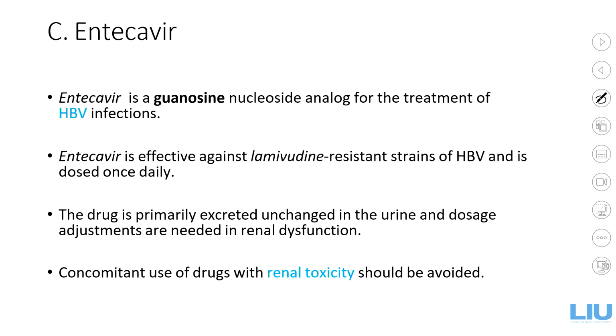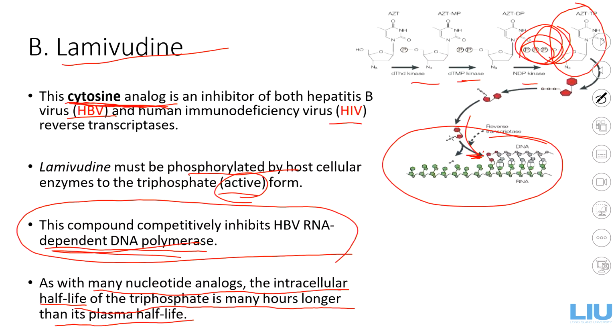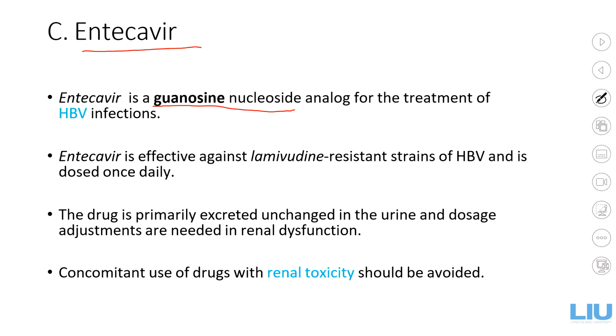All right. Next one is entecavir, which is another drug that also acts on the DNA polymerase, except it mimics guanosine instead of cytosine, okay? I can't even remember if we talked about entecavir before.